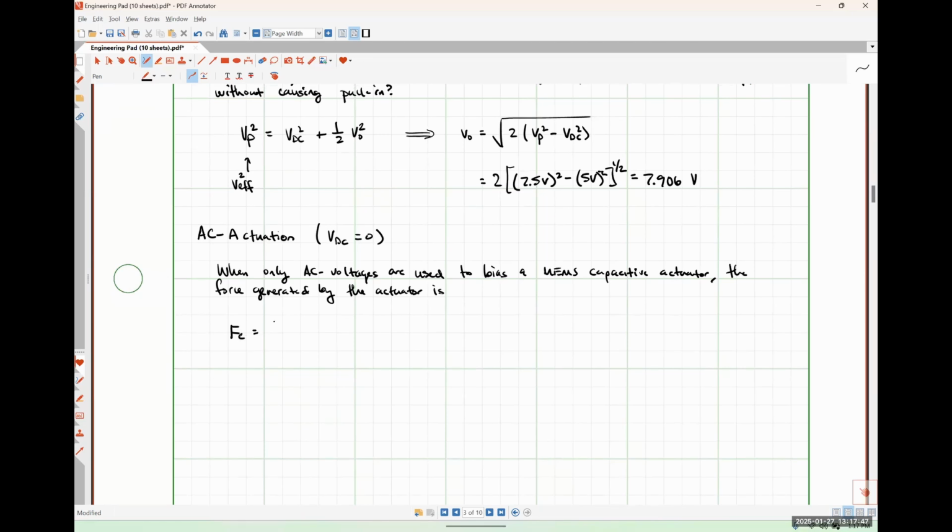So our electrostatic force will be 1/2 times the derivative of our capacitance with respect to position.